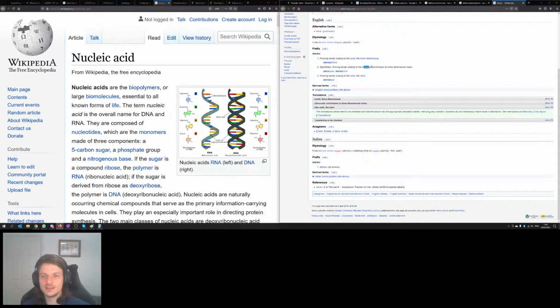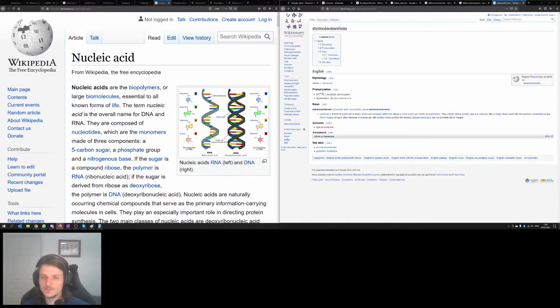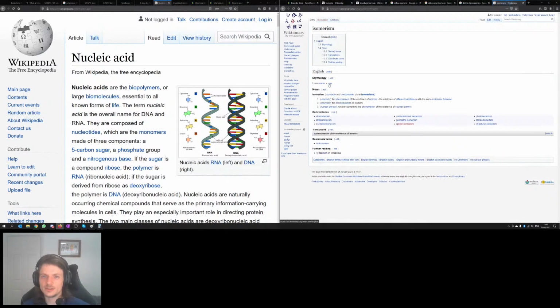Specifically forming words relating to the binocular contribution to three-dimensional vision. Forming words relating to the solid, the hard. Oh wow, okay. And what does isomerism mean? Noun: the phenomenon of the existence of isomers, the existence of different substances with the same molecular formulae. Okay.